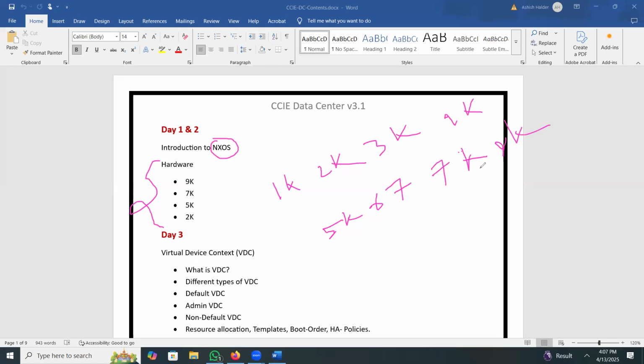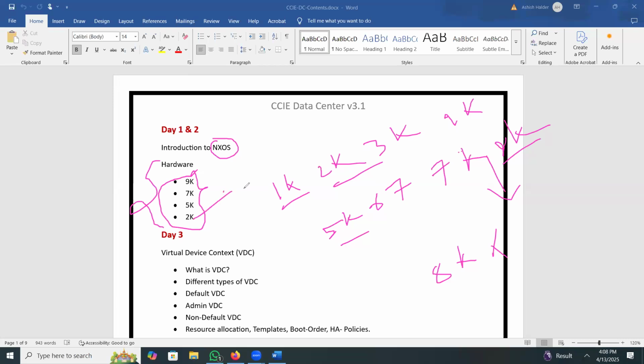Please remember there is no 8K. Only 1K, 2K, 3K, 4K, 5K, 6K, 7K, and 9K are the Nexus series. Of all of them, we will mainly use 2K, 5K, 7K, and 9K.